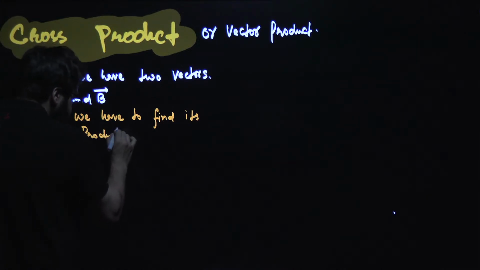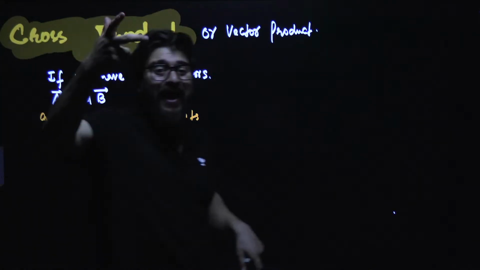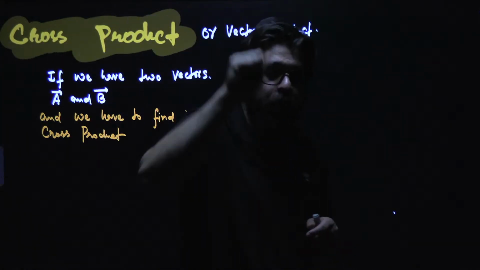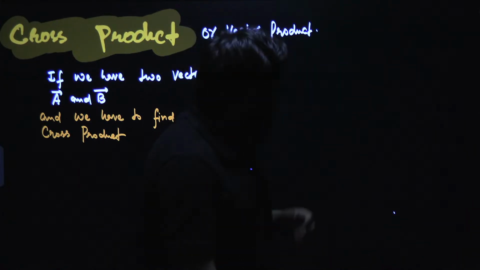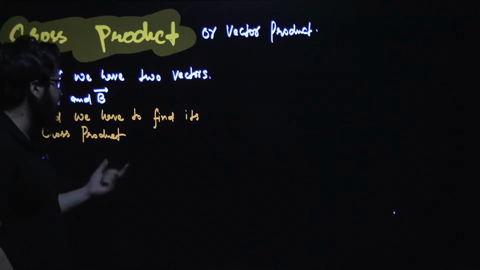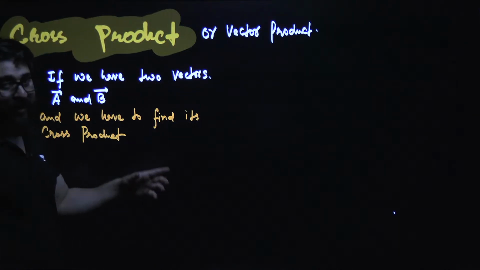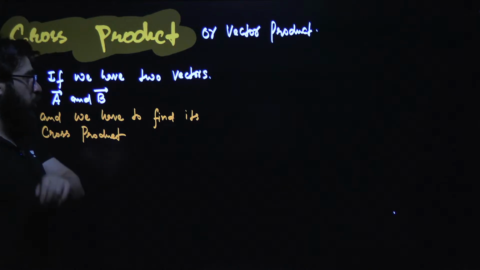Or we can say we have to multiply these two, A and B, using cross product. You can also say it something like that.